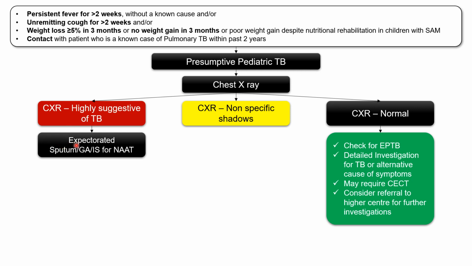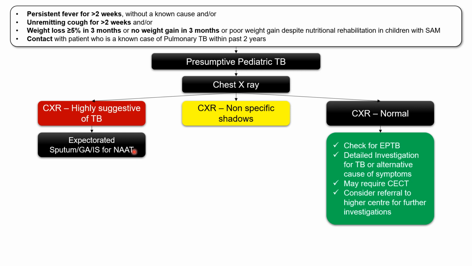If the patient can expectorate some sputum, that will be very good. So we have to send that for nucleic acid amplification test. Or if the patient cannot expectorate the sputum, we can help him. We can get some induced sputum by nebulization and send that for nucleic acid amplification.